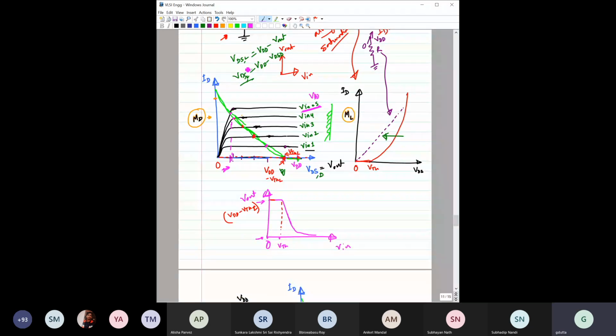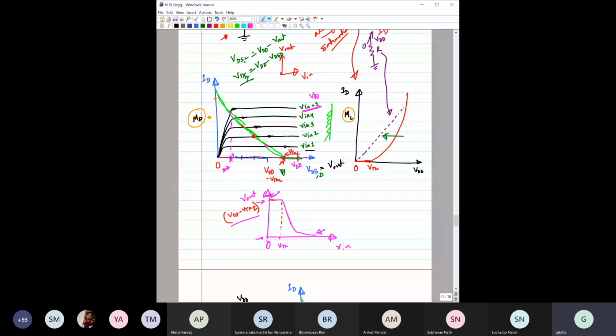But for the previous case, VOH dash was equal to VDD. Now for this type of design, neither the highest output voltage nor the lowest output voltage is equal to the rail voltage. Rail voltage means 0 and VDD.